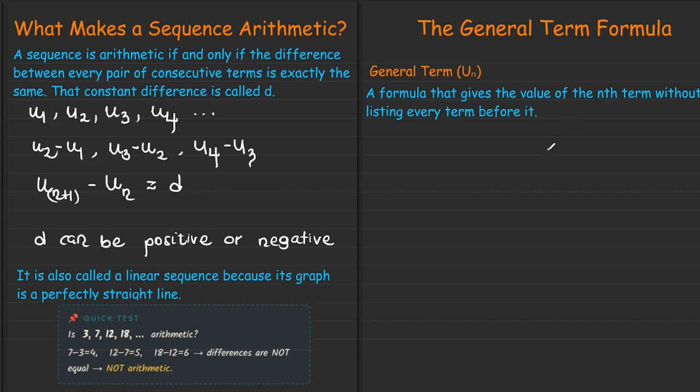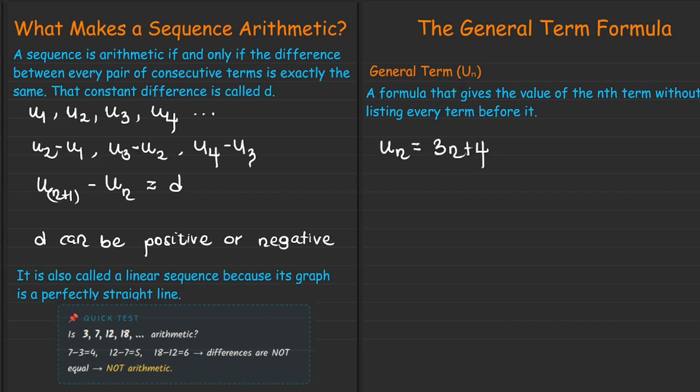What we simply mean is, if you want to list the 30th term, you wouldn't have to list the first, second, third, fourth till the 29th before getting the 30th term. The general term gives you a formula that you can use to determine every term without necessarily listing out all the terms that precede it.